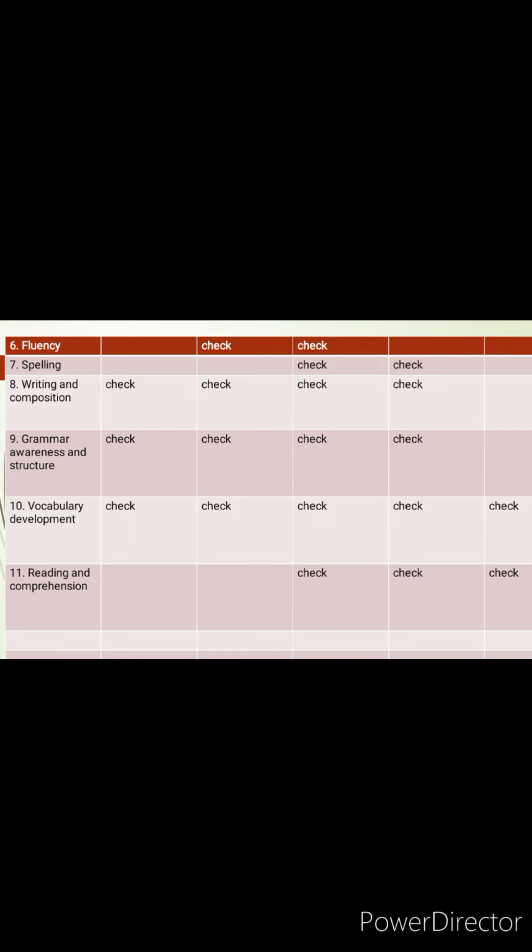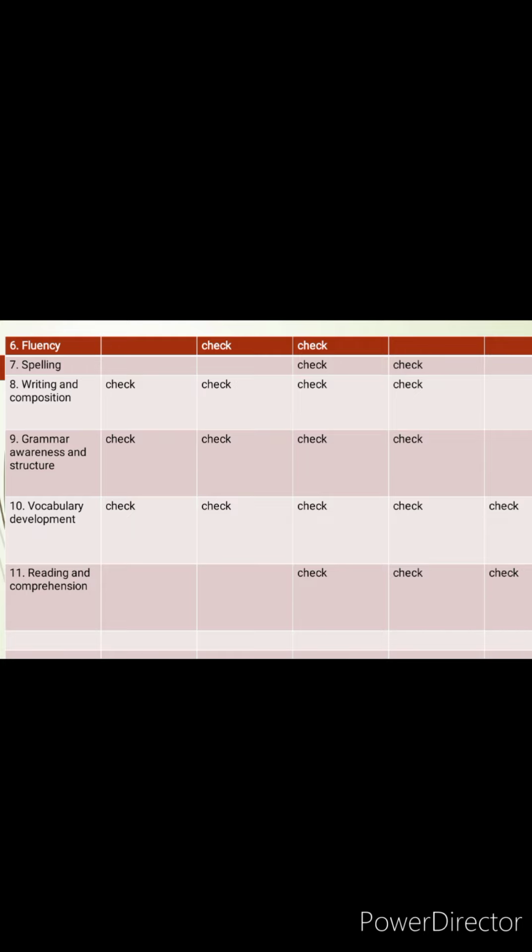Number 8, writing and composition. The substrands we use here are listening, speaking, reading, and writing. Number 9, grammar awareness and structure. The substrands we use here are listening, speaking, reading, and writing.